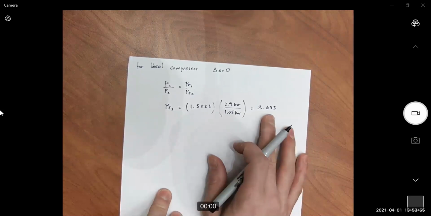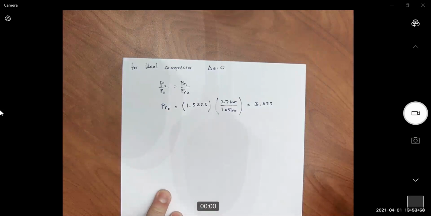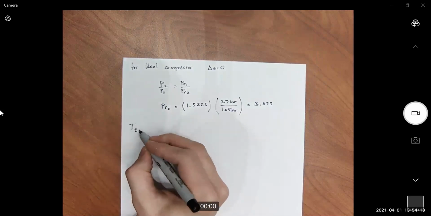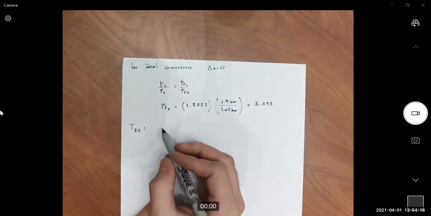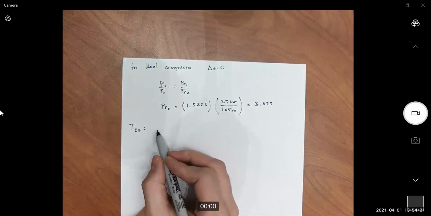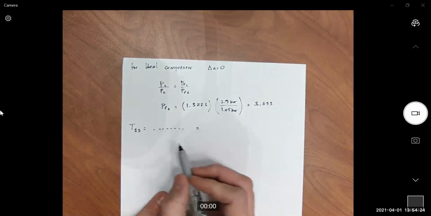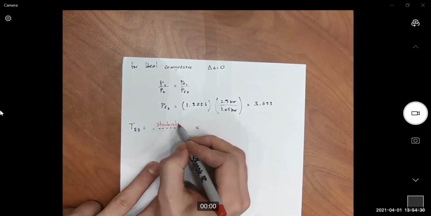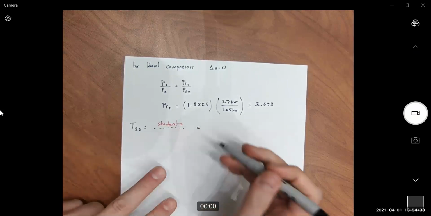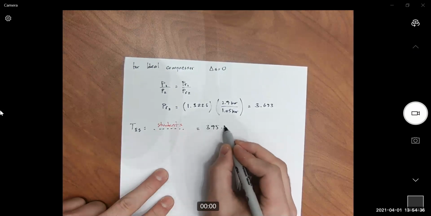So I know my PR2 now, it's the exit for an ideal compressor. Okay? Now I can find my ideal temperature. For the temperature at the exit for an ideal compressor, interpolation, you should get 395.3 Kelvin.